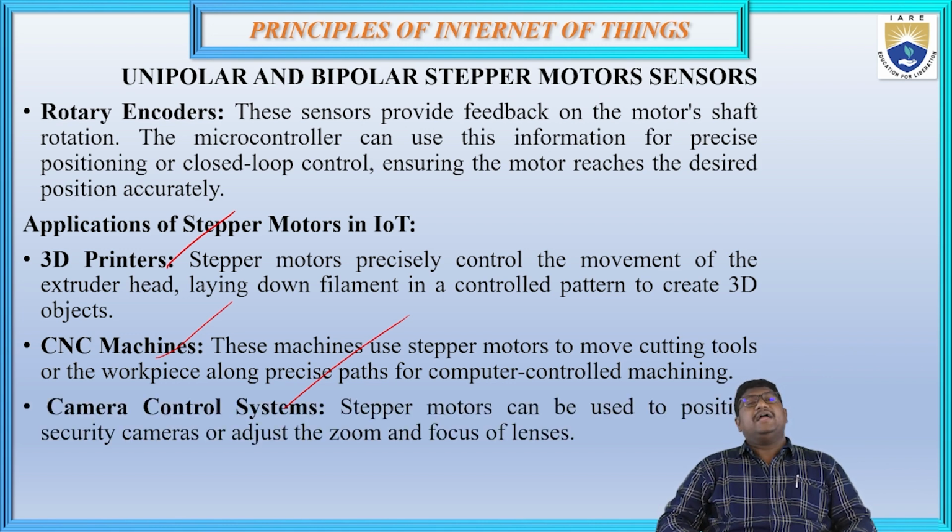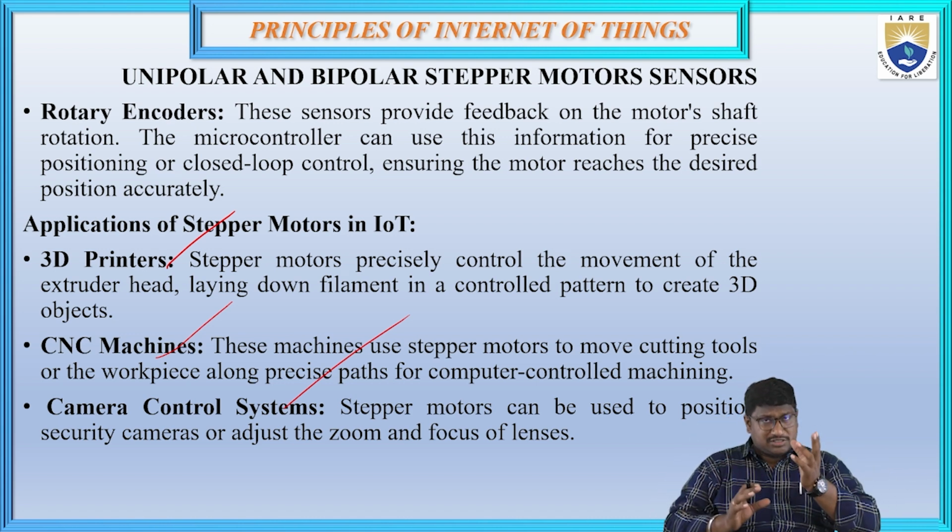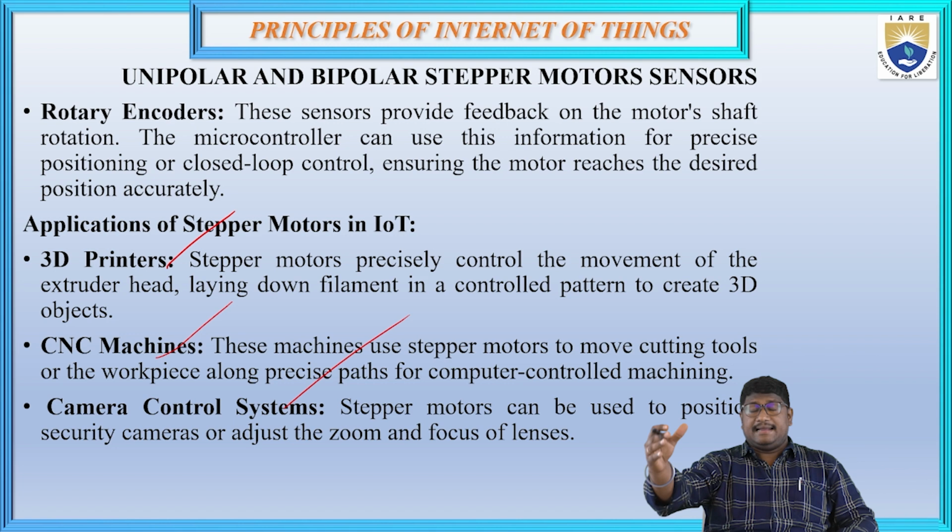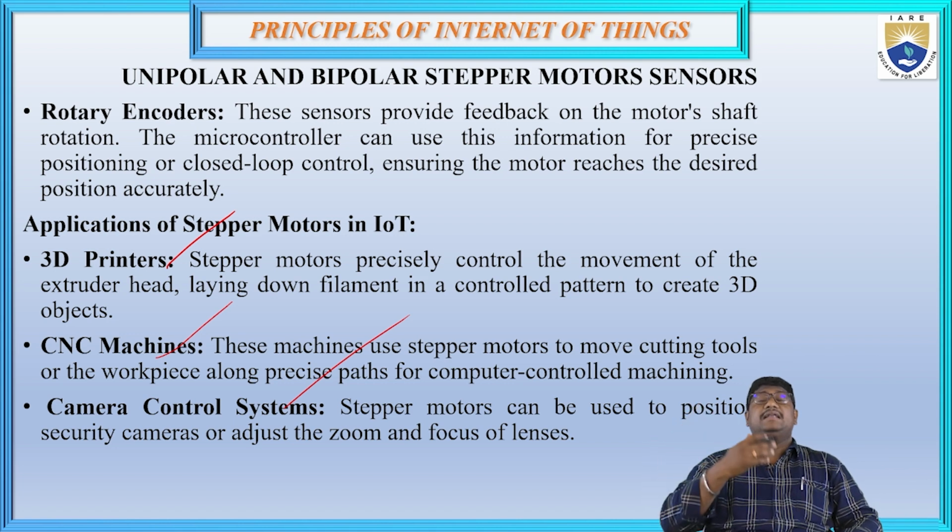And coming to the third application, which is the camera control system. In camera control systems, we generally all have experience using a camera. With the help of stepper motors, it takes the positions and we can control it automatically. There is no need for manual zooming, no need of adjusting the cameras or focusing on a particular area by adjusting the focus of the lens.